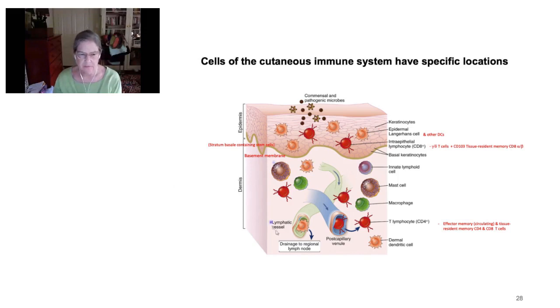And so these dendritic cells, for instance, can pick up antigen. Let's say you've got a little infection, you got a scratch or something.